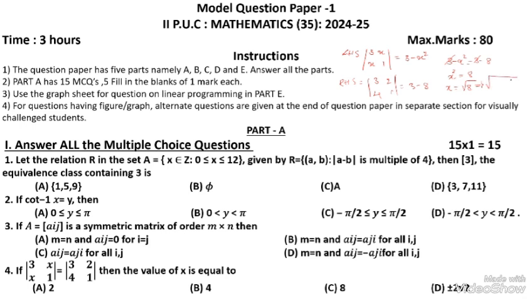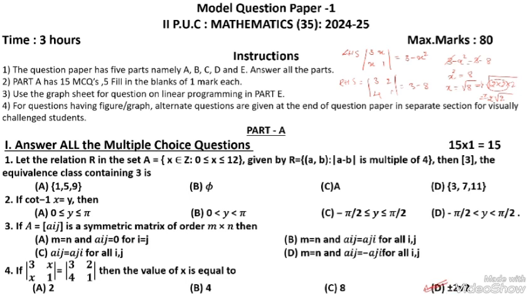I can write 8 as 2 into 2 into 2. Taking the square root, that is 2 into root 2. Since it is a square, the values are plus or minus, there are 2 values. So option number 4 will be the right answer.